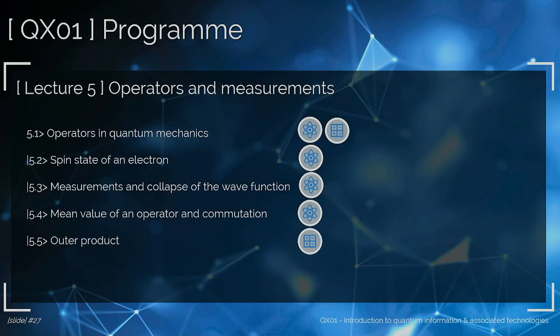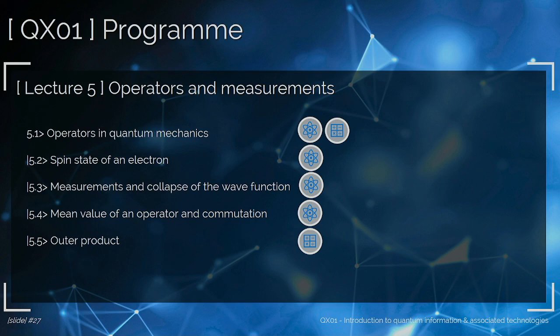So here is the program. First, again, some physics. It's a lot of physics today, but later on there will be less physics when we go on to quantum gates and quantum algorithms. The first one is a bit mixed. It's about the notion of operators in quantum mechanics. It's mixed because there's also a lot of mathematics behind at the end.